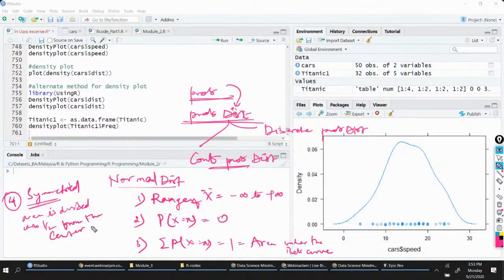But what is that center? That's your fifth property. Here mean will be your center, which will be equal to median and which will be equal to mode. Mean will be equal to median will be equal to mode. Right? So these are the 5 things that you have to by heart.